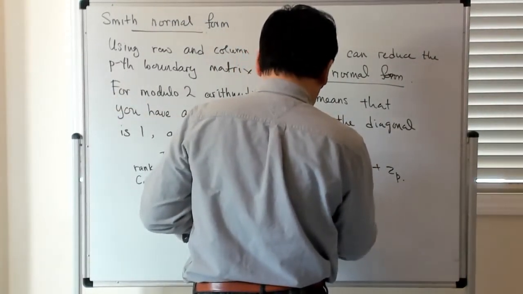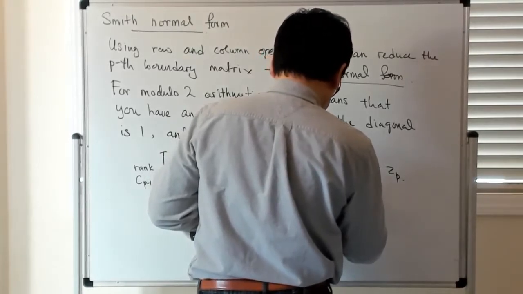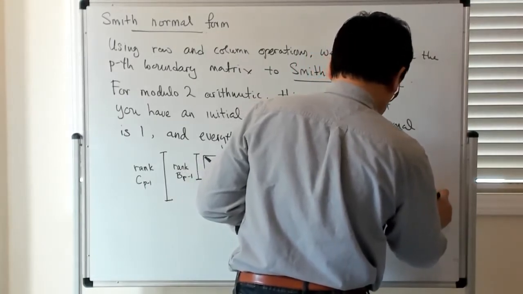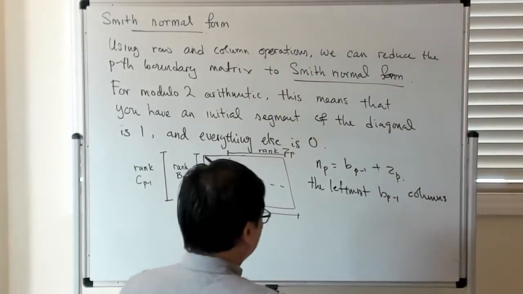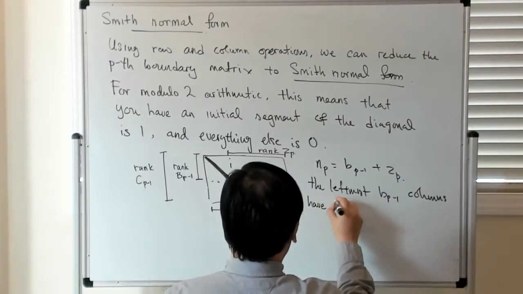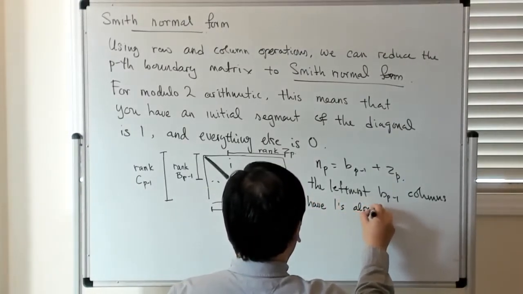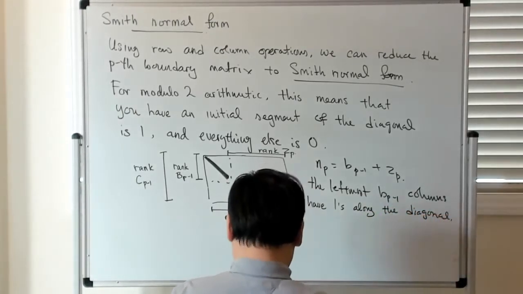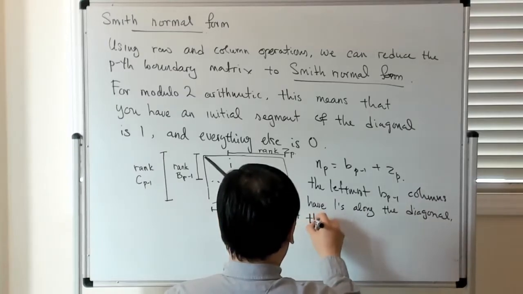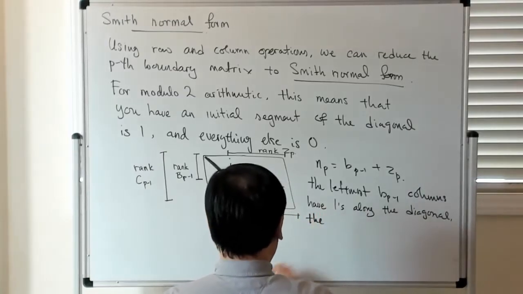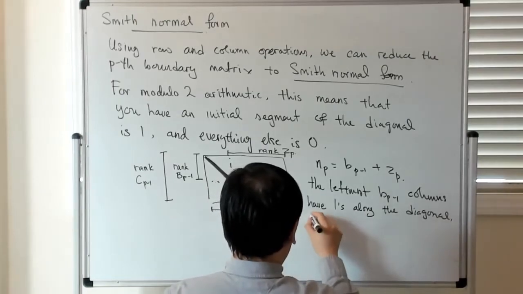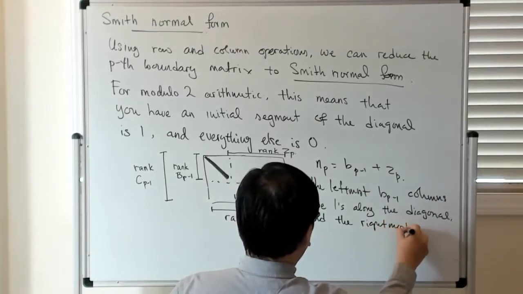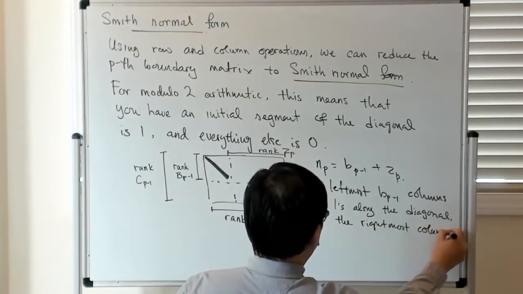So the leftmost B_{P-1} columns have ones along the diagonal, and the rightmost columns are zero.